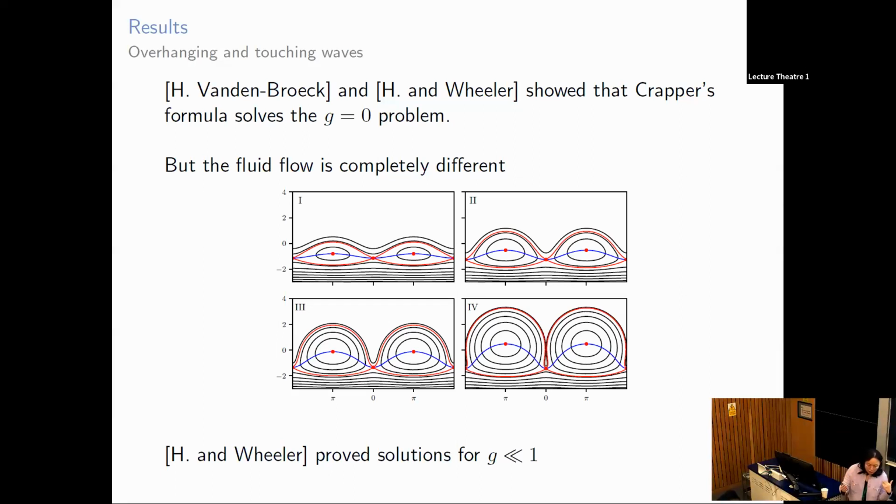In particular, you can find overhanging and touching waves with gravity and constant vorticity, which was conjectured in the paper of Constantin, Strauss and Varvaruca. And so now we have a proof that some of these waves do exist. So that's one application of this finding.